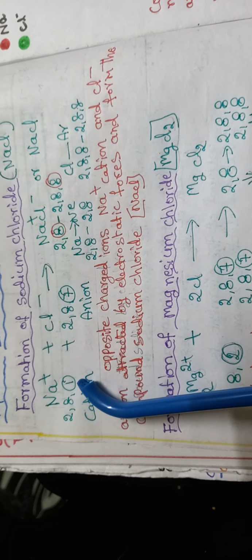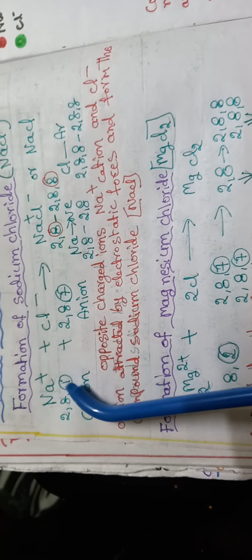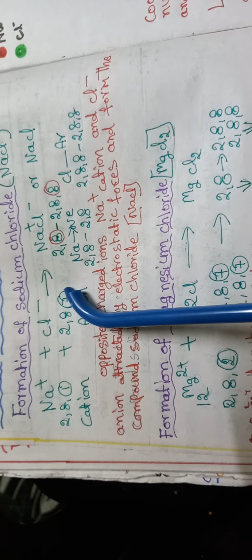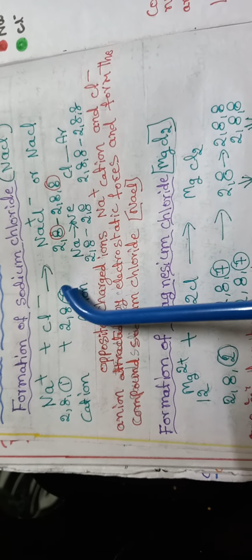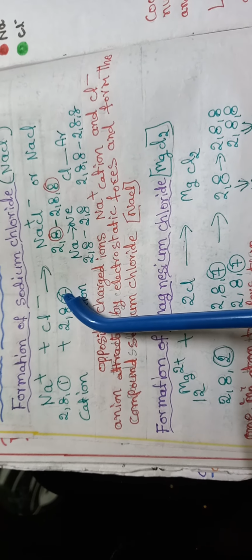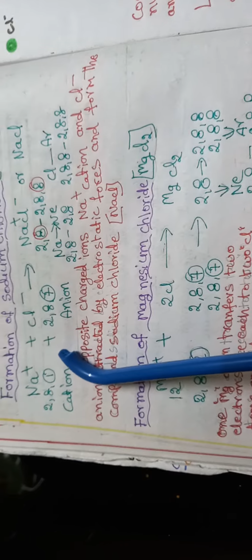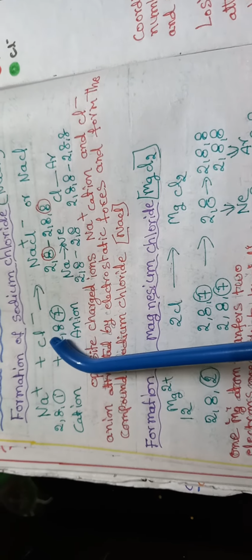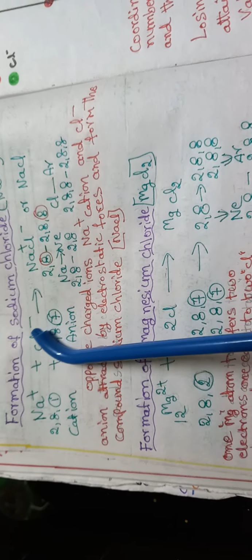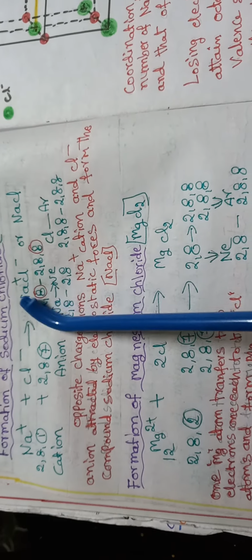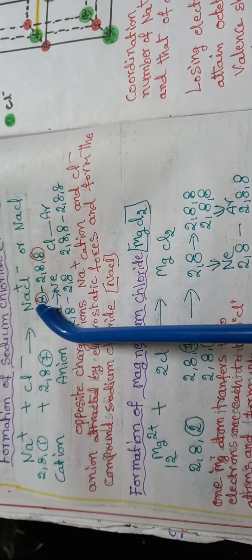Sodium has one extra electron and chlorine has one less electron for getting octet position. When these two elements are involved in a reaction, forming the compound sodium chloride.